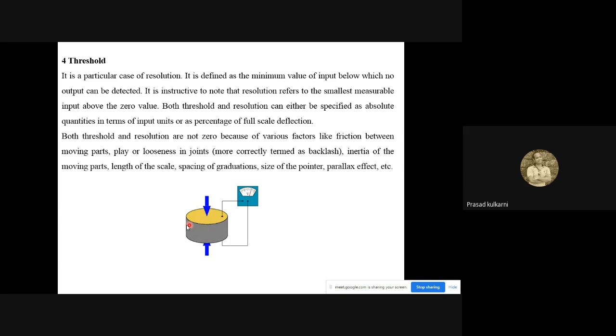So 2 mm you can call it as a resolution, sorry, threshold. 2 mm value can be called as the threshold.